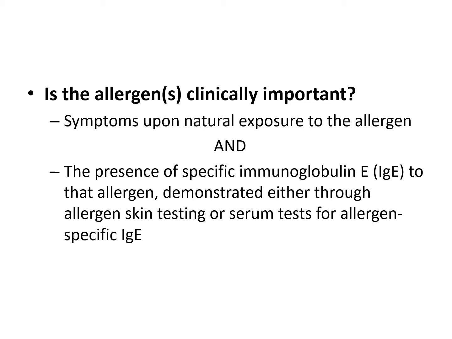Next, confirm, is the allergen clinically important? This can be seen when the patient has symptoms upon natural exposure to the allergen and the presence of specific immunoglobulin E to that allergen, demonstrated either through allergen skin testing or serum test for allergen-specific IgE.